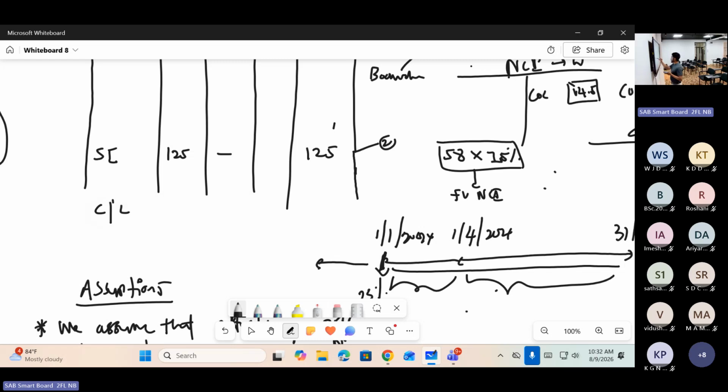Contingent liability. Make it another. Take the adjustment date. 1.25. Contingent liability. Adjustment 1 done. Okay.